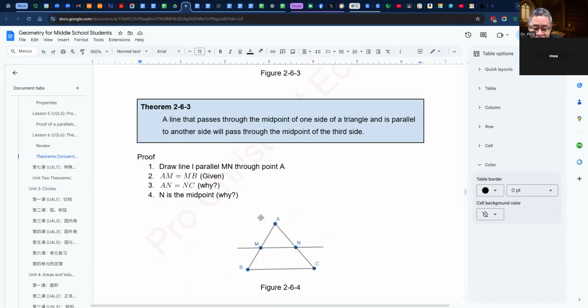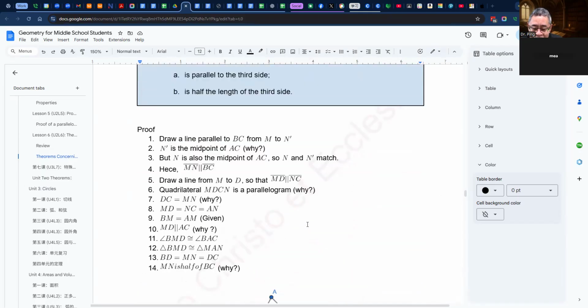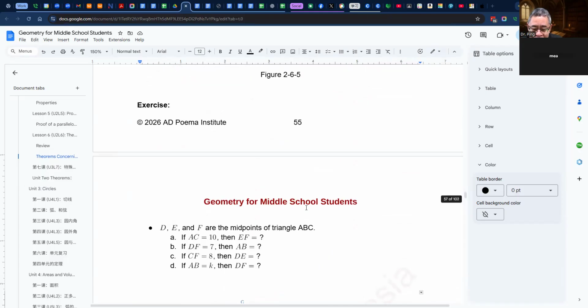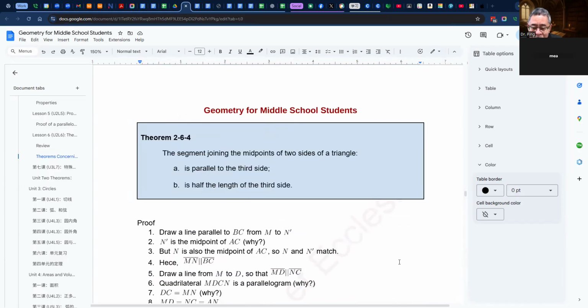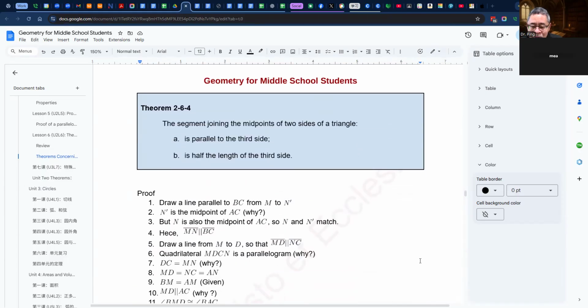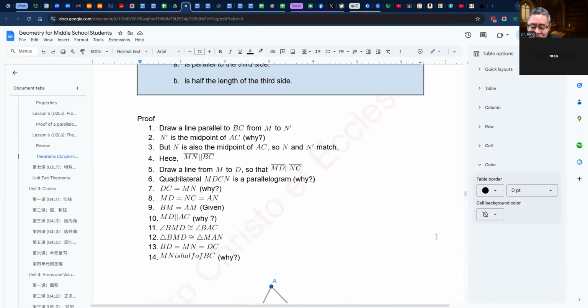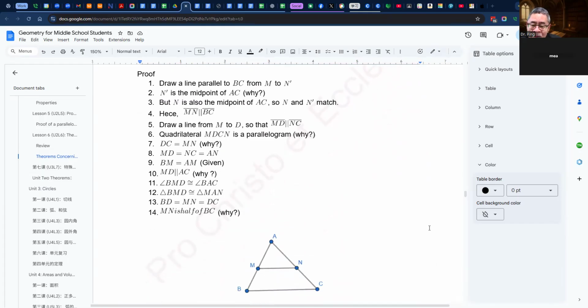Perfect. Okay, we got one more theorem to go. Theorem 2-6-4: the segment joining the midpoints of two sides of a triangle is, first of all, parallel to the third side, and second, half the length of the third side. This one actually takes a little bit of work to prove.